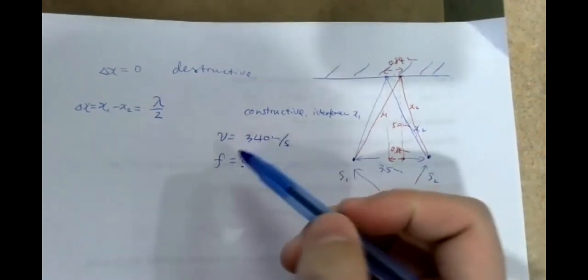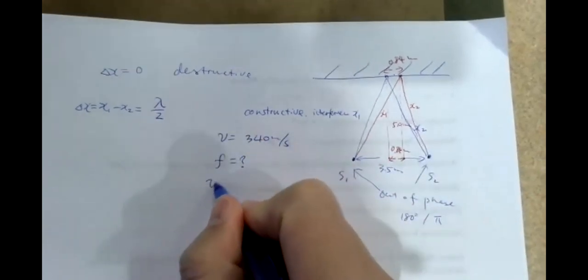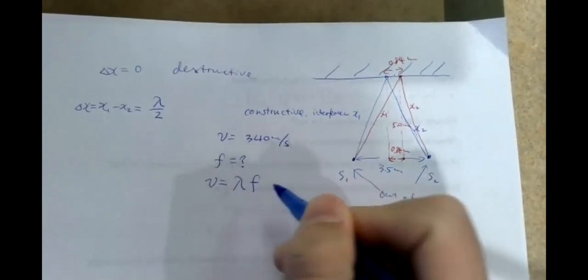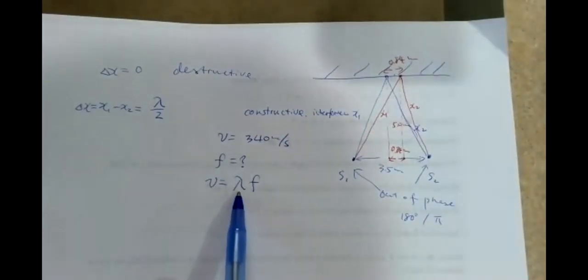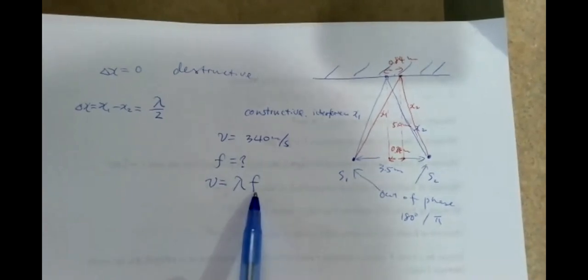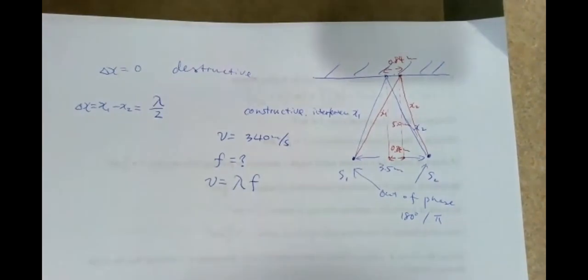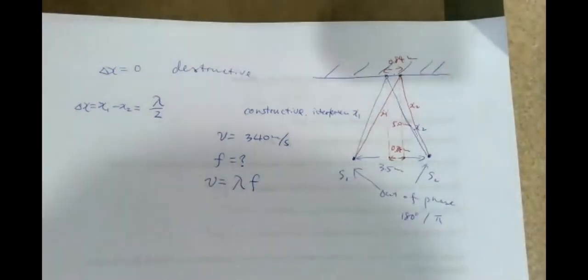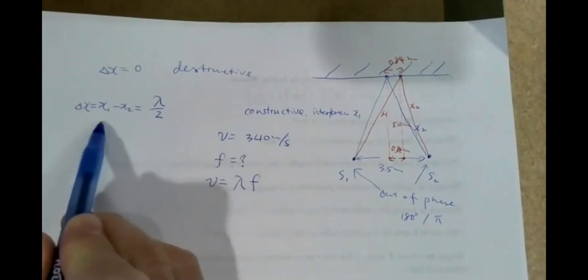There's a relationship between speed and frequency. If you remember, the speed of sound should be equal to lambda times the frequency. So if you can figure out what's the lambda, then you can figure out the frequency. And you can figure out lambda from here.